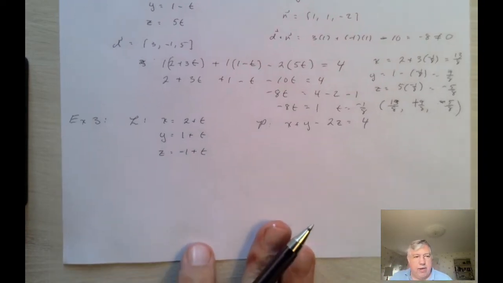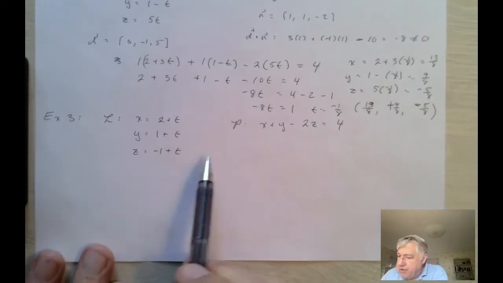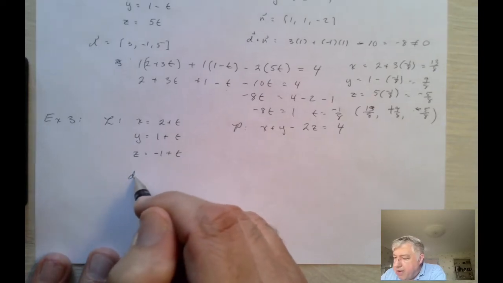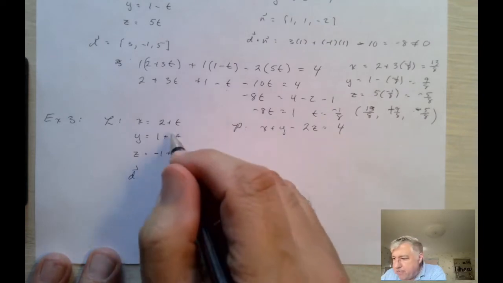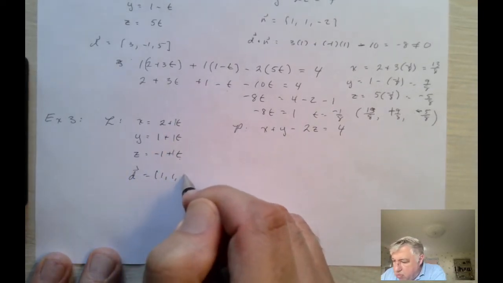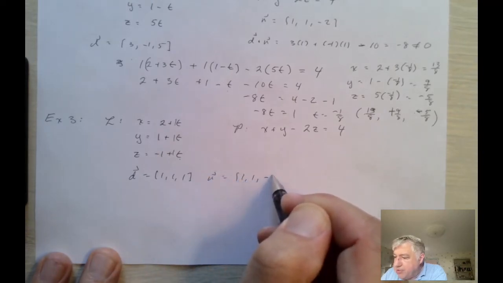Okay. Now in example 3, we don't have to do too much because we're going to see that there is no point of intersection. In this case, the direction vector is just given by 1, 1, 1, since those are the coefficients here. The normal vector is still 1, 1, negative 2.